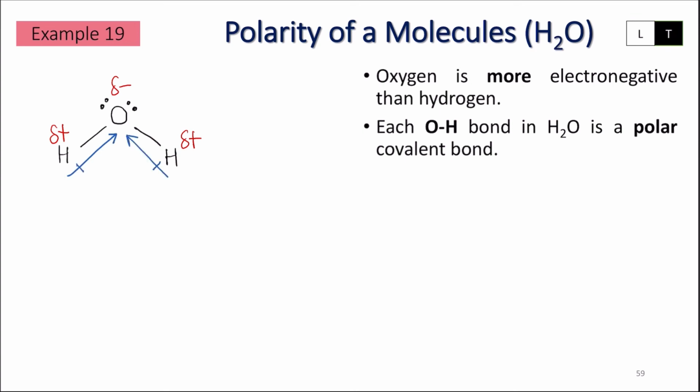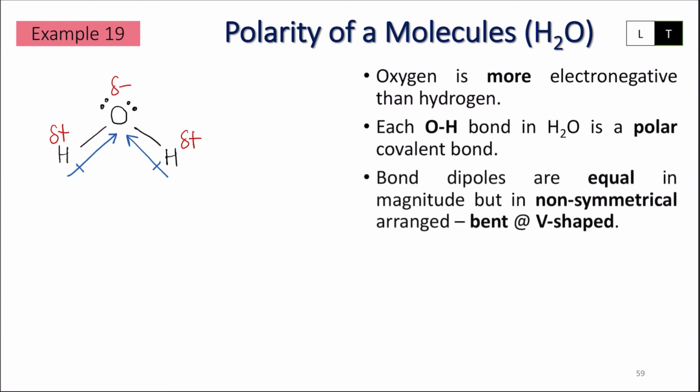So, dia dalam magnitude yang sama. Equal in magnitude for the bond dipole. But the shape is not symmetrical because this shape for molecule of water is bent ataupun V-shape. That's why kita boleh nampak kerana bond dipole kedua-duanya bertumpu ke arah oksigen, maknanya dia ada resultant dipole moment ke arah atas.